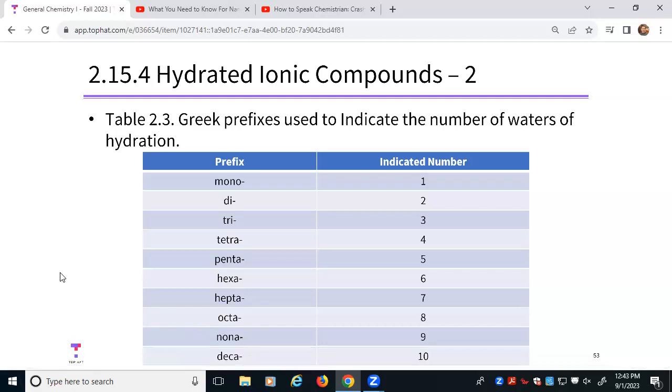The only ones that are kind of different: obviously there's no one-sided 2D object, so mono is new. We use di instead of bi, and we use tetra instead of quad. But aside from those three differences, everything's the same.